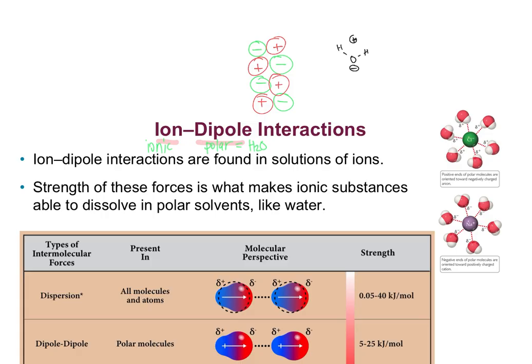on the surface. The oxygen side is going to attach to the cations, and bump into them hard enough until eventually, if it is soluble, it's going to pull off the ions and create a cation that is hydrated, or surrounded by water.